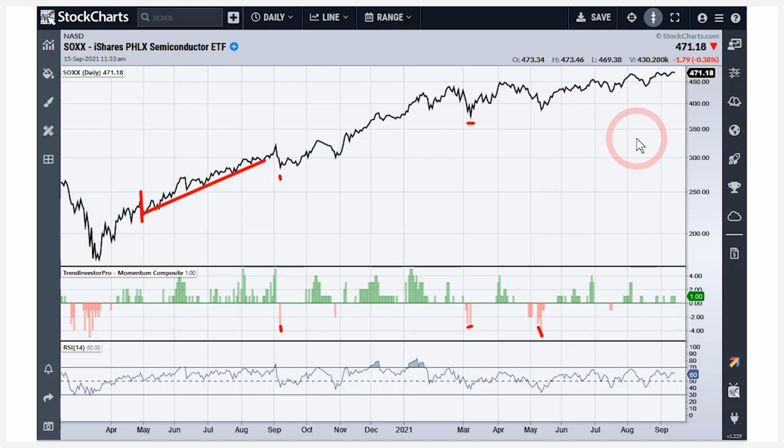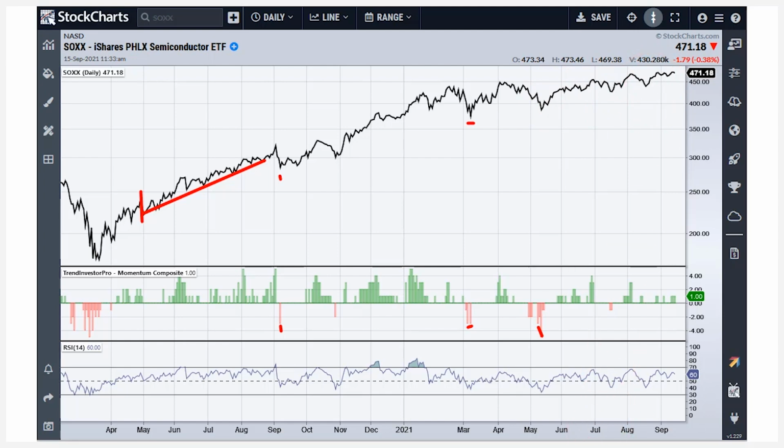Now, sometimes the momentum composite is not sensitive enough to catch oversold conditions when the trend is really strong. So you can see when this trend is really strong, we get one signal, we don't get any here. And then in this period from June to September, we didn't get any signals either.